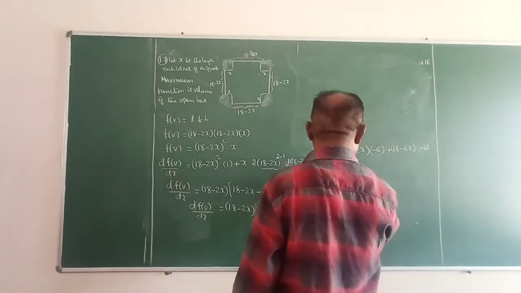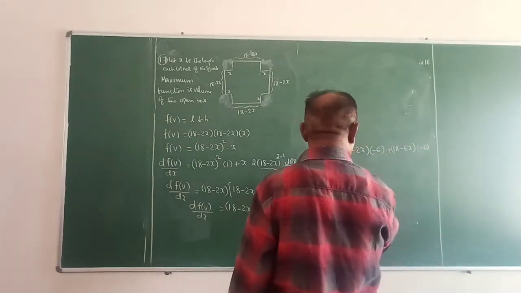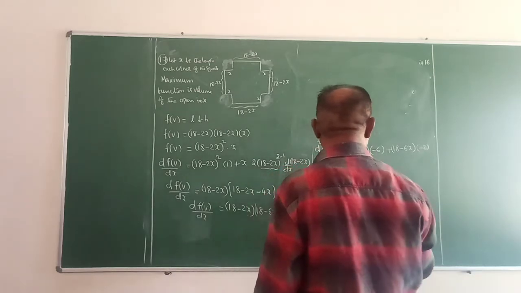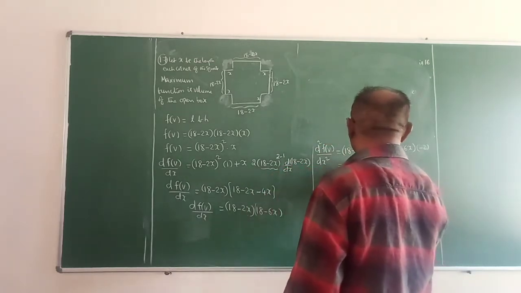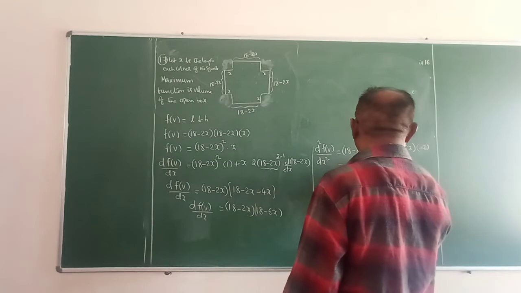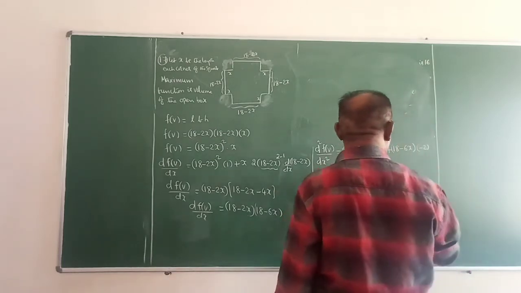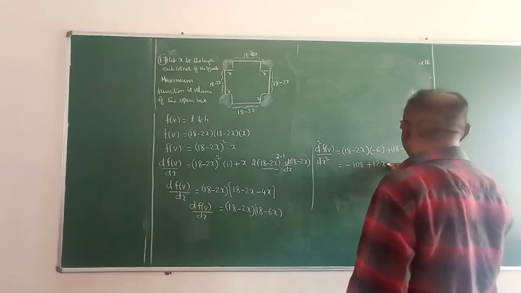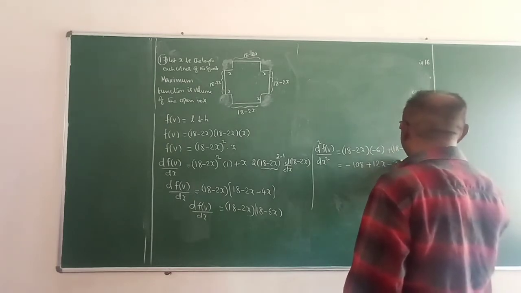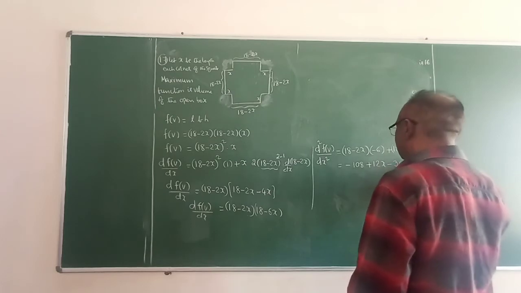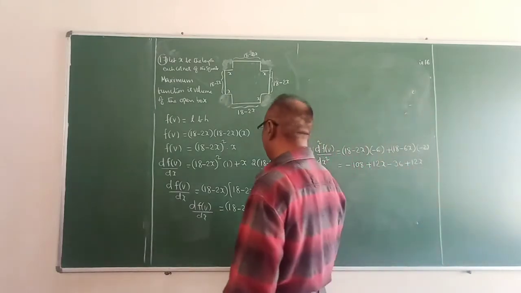So minus 18 into 6 is 108, plus 12x. Here 18 minus 36, minus into minus is the plus 12x.